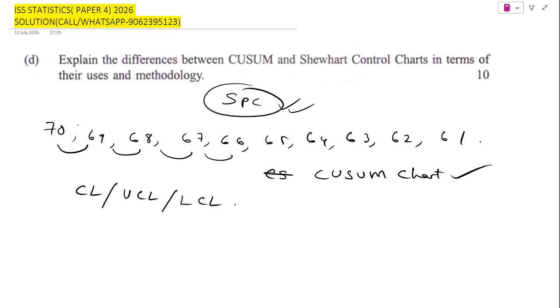Okay, so usually UCL is mu plus 3 sigma and LCL is mu minus 3 sigma. Okay, and every new observation is compared directly with these limits. So if a point falls outside the limits, the process is declared out of control, and thus the Shewhart chart depends mainly on the current observation without considering much information from the previous observations.